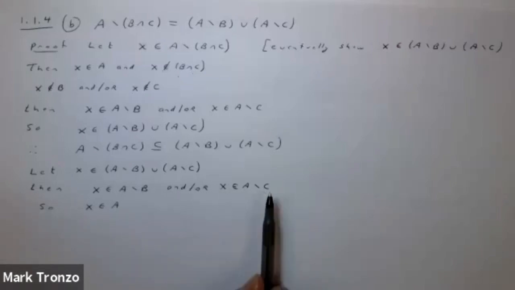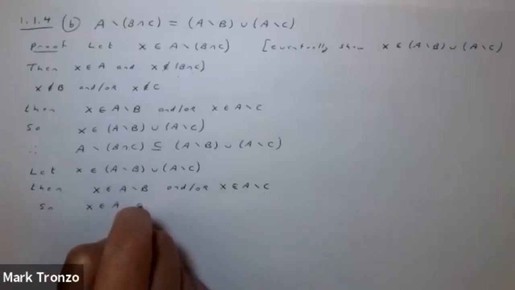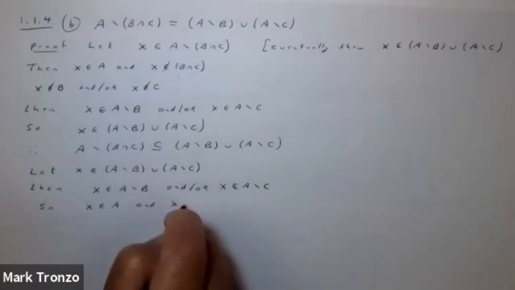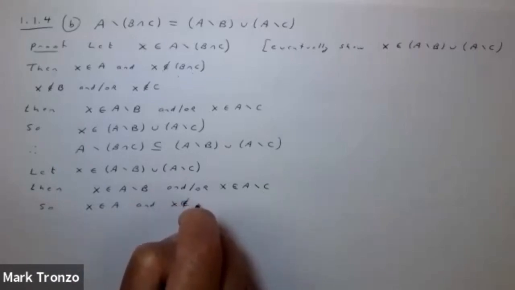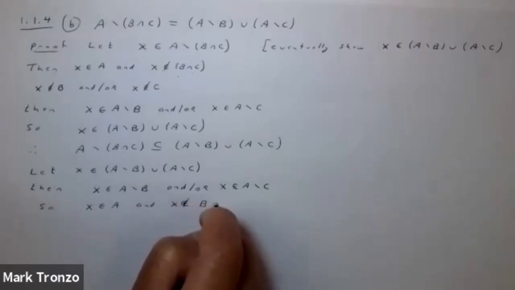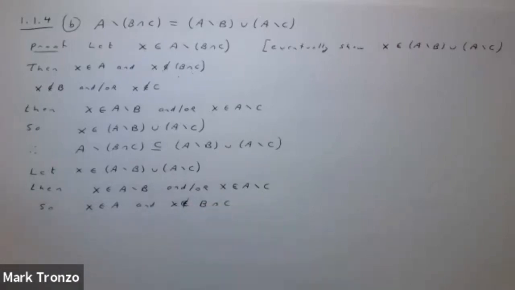Yeah. So therefore, if that's true, X cannot be in the intersection of B intersection C, huh? It could be in the union, but not the intersection.